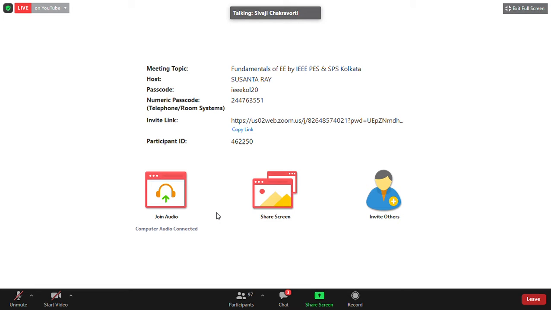I can't show you. Sushanto, I am presenting through the browser because this is a different computer.